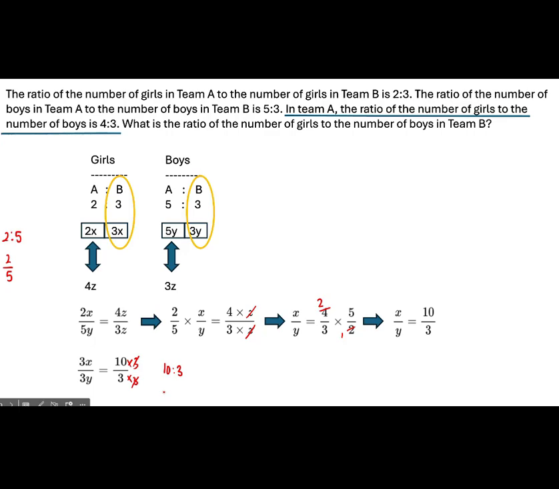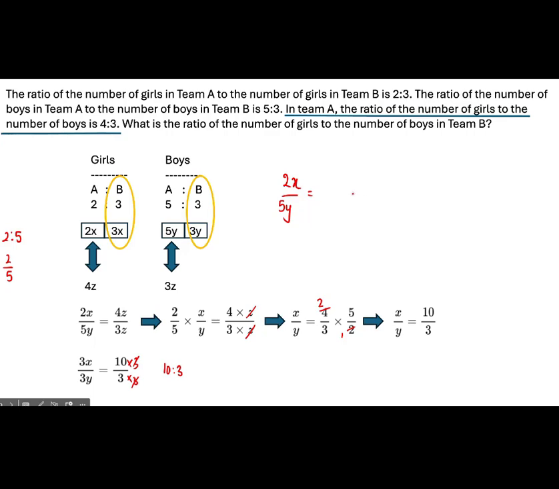Now, if you want to verify something, see earlier the ratio of the number of girls in team A to the number of boys in team A was 2:5, isn't it? But we also knew the total number of girls in team A was 2x, the total number of boys in team A was 5y. So I can write 2x over 5y.